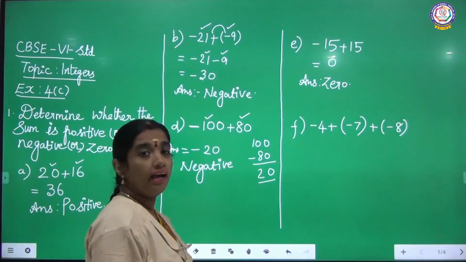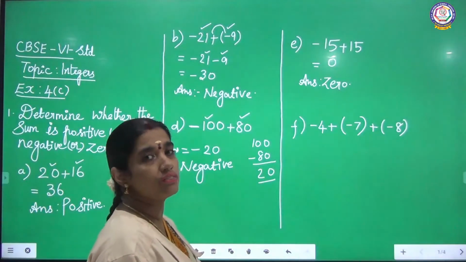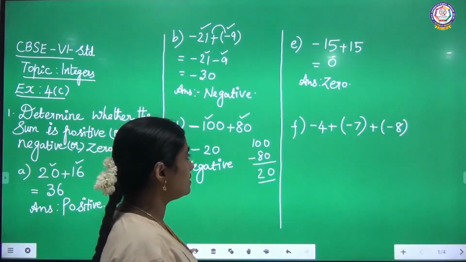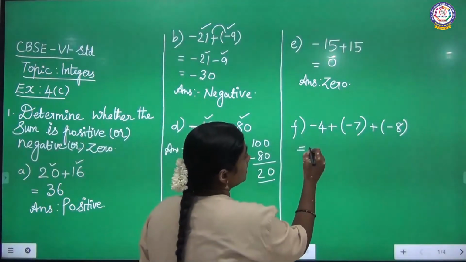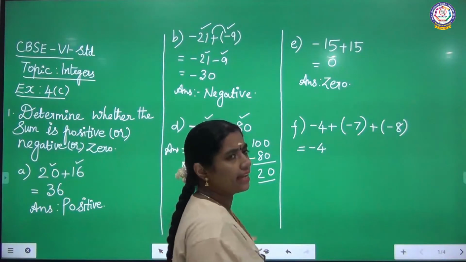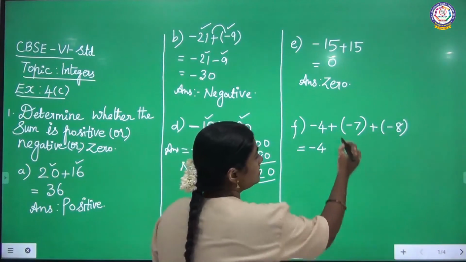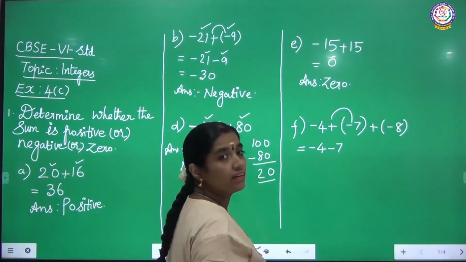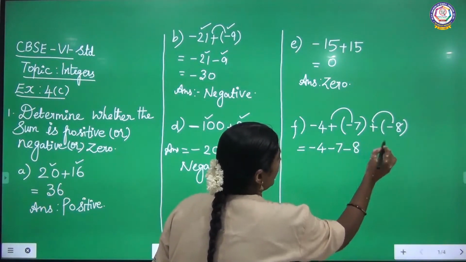Can you clear children? How can I identify whether it is positive or negative or 0? Like this only. When I come to the F sum, listen, minus 4, just you write, first you remove the bracket and then we can simplify this. Minus 4 write as it is, and plus into minus minus 7, again plus into minus minus 8.